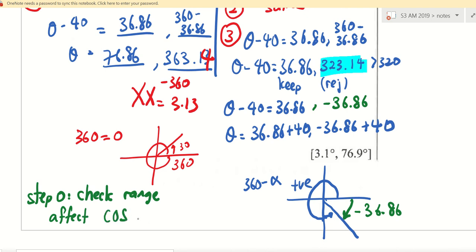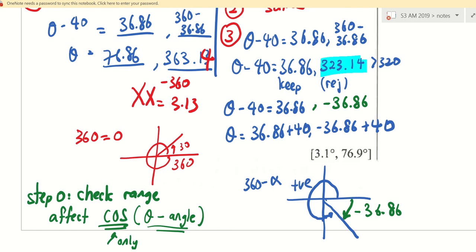Do you notice that from page 1 to page 8 we never check range? You look back from page 1 to page 8, we never check range, and we never encounter this problem. So we will only encounter problem when we have cosine and it's always theta minus something that touch the fourth quadrant. Then it will affect. Because cosine is first and fourth.